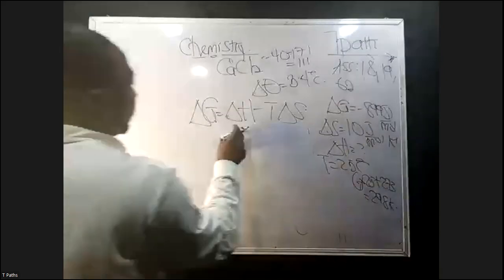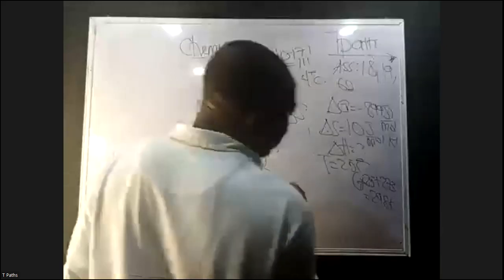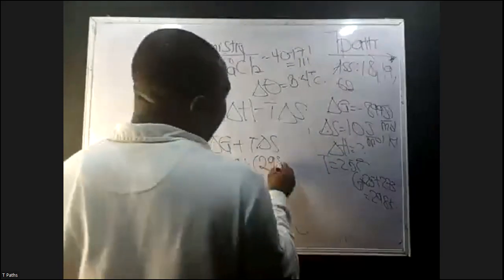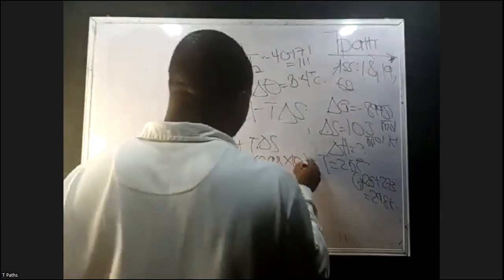From here, I can say delta H is equal to delta G, which is minus 899, plus T delta S. What is your T? 298. What is your delta S? 10.